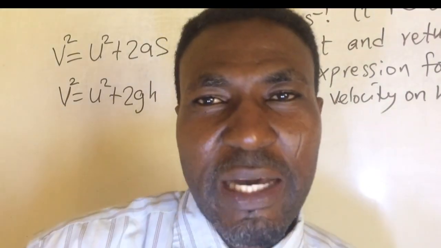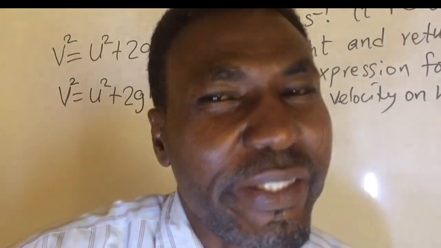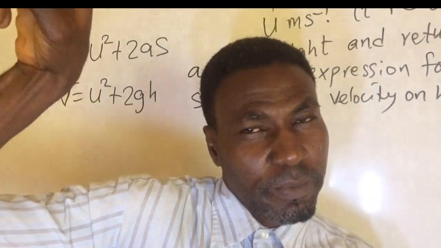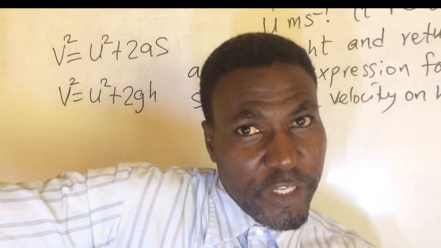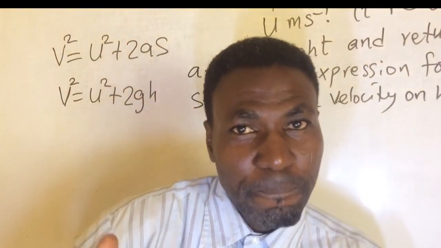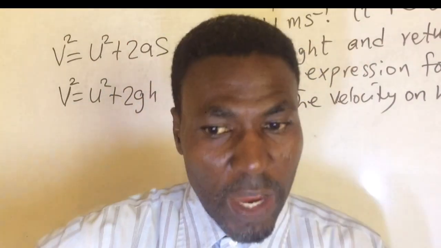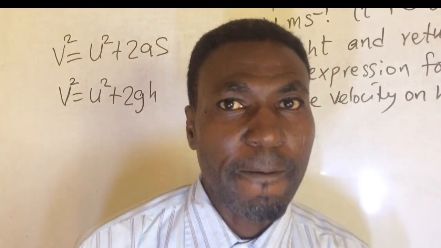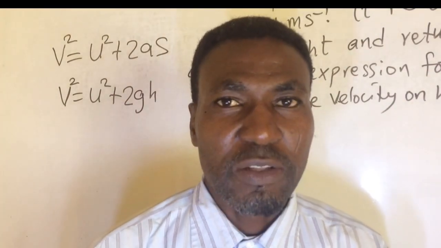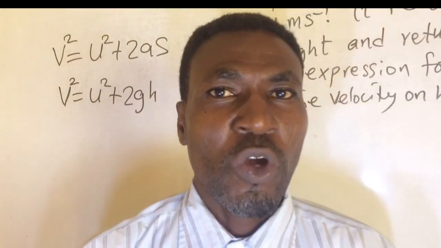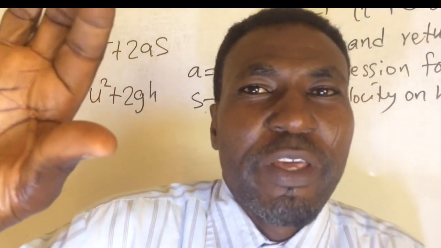When it starts coming down, the initial velocity will be 0, because that is the moment it stopped before coming down. Then it gains velocity as a result of gravity while coming down until it hits the ground. So the final velocity will be the velocity it uses to hit the ground, while the initial velocity will be that 0.